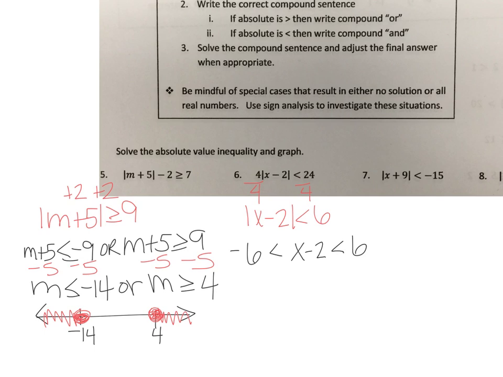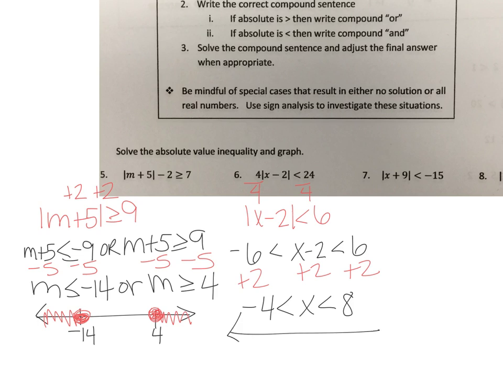You should get familiar with writing these compound sentences because a lot of the time we're not going to separate them as two equations. Okay? Now what? Add 2, add 2, add 2. So negative 4 is less than x less than 8.